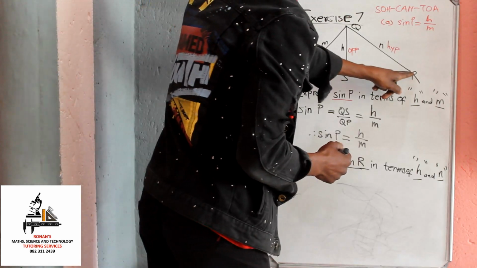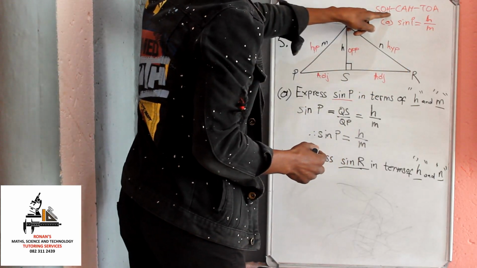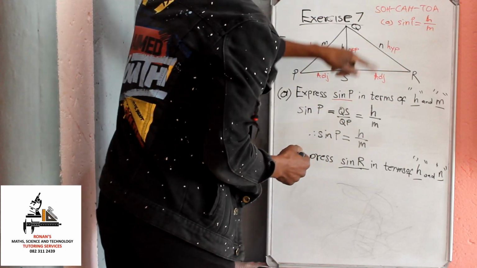So again, sin R, acronym SOHCAHTOA, opposite over hypotenuse.